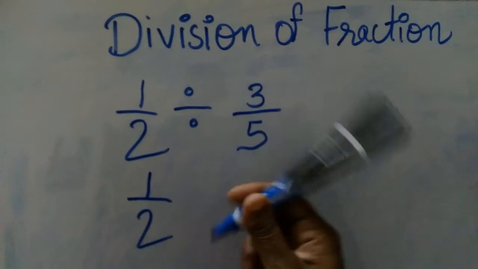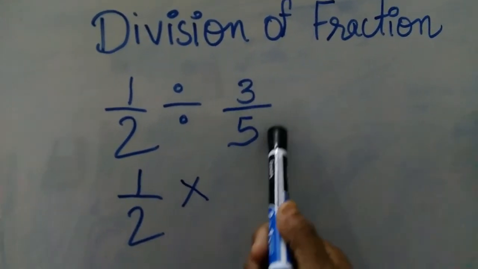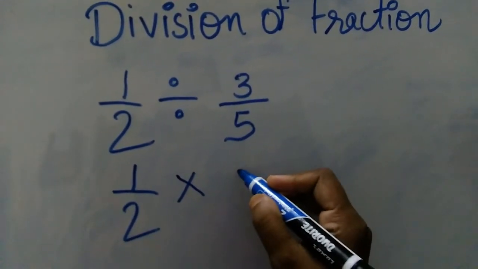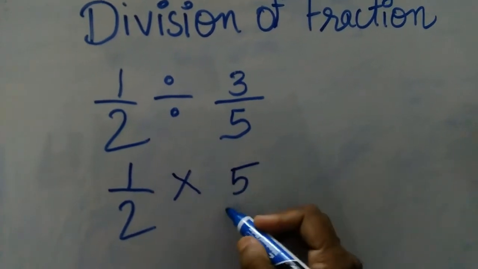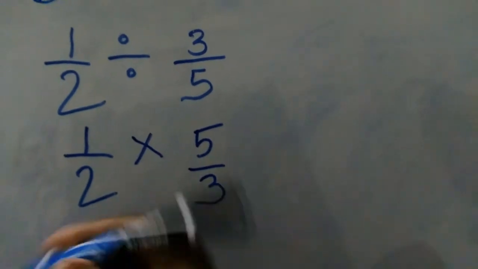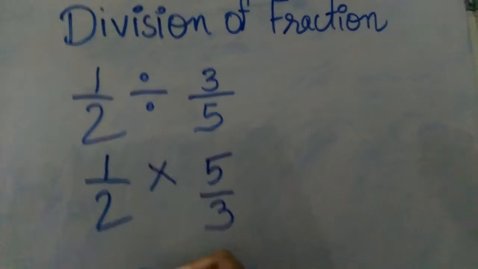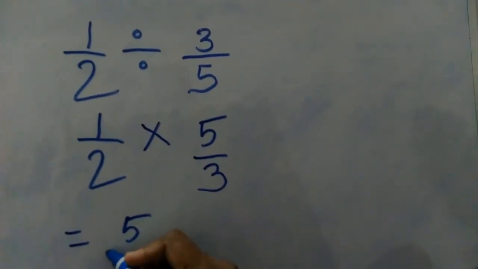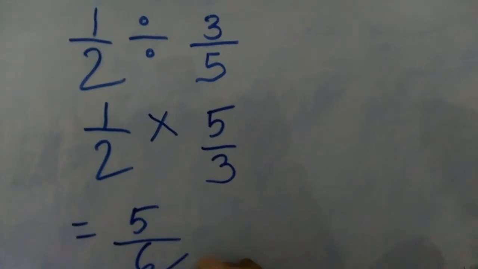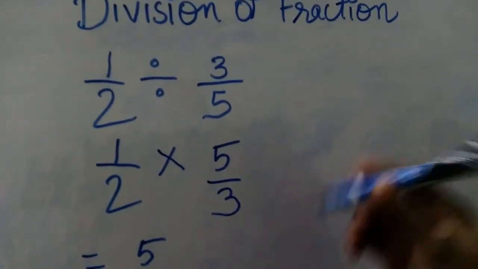Then we change this division to multiplication. Then the inverse of this divisor, that is 5 upon 3. Now we can multiply. 1 into 5 is 5, upon 2 into 3, that is 6. So, 1 upon 2 divided by 3 upon 5 is 5 upon 6.